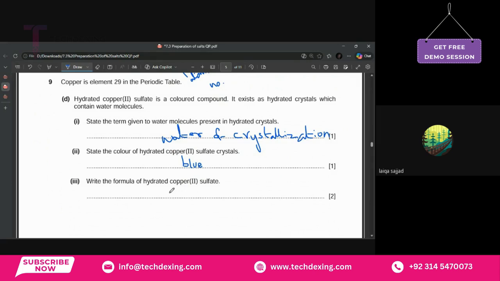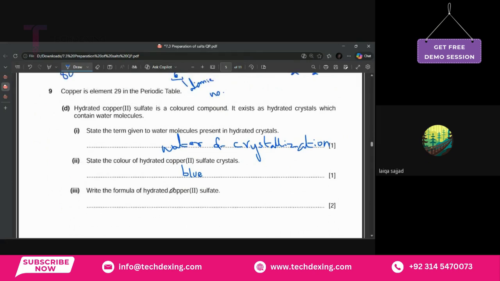What's the formula? CuSO4. Yes, it's copper sulfate. Dot, 5H2O. Very good. It consists of five water molecules.